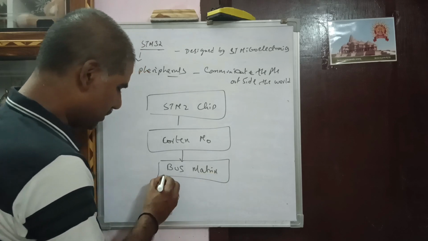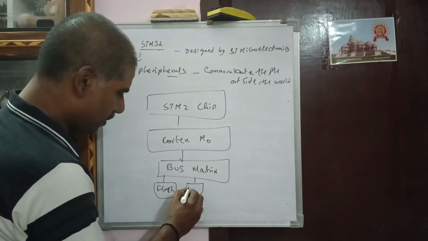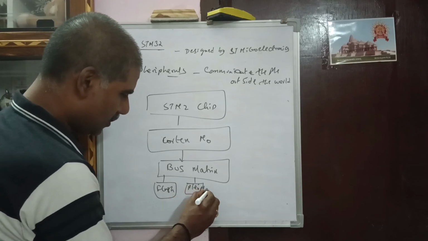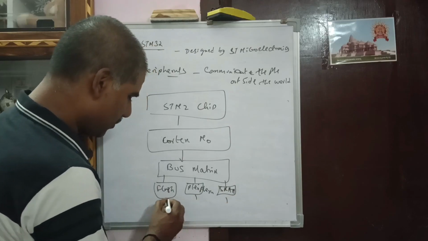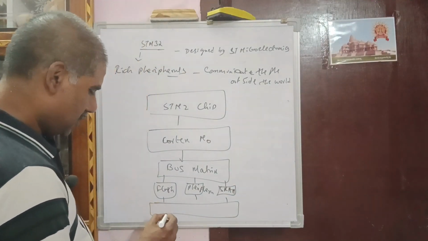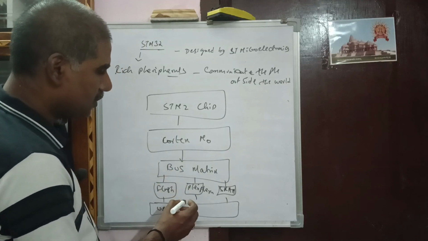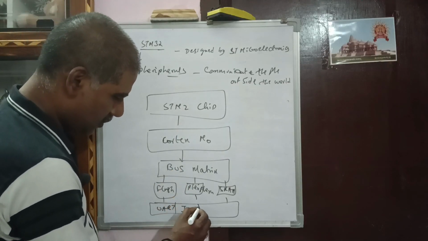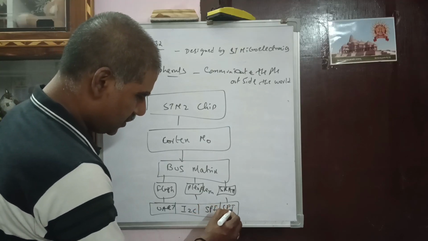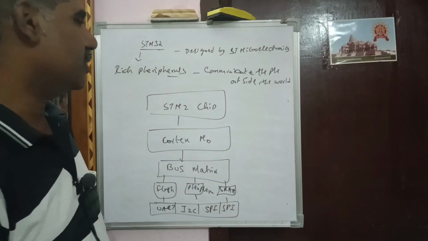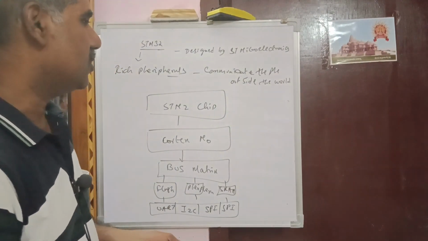Later it is followed by 3 blocks: flash, peripheral, and SRAM, and these 3 are followed by UART, I2C, SPI. This is the simple introduction to STM32 Cortex-M0.